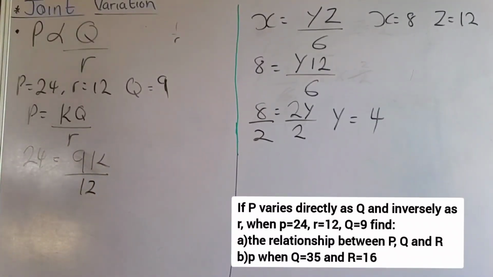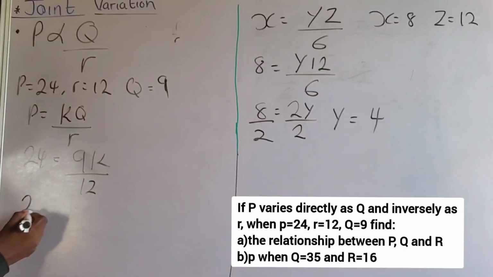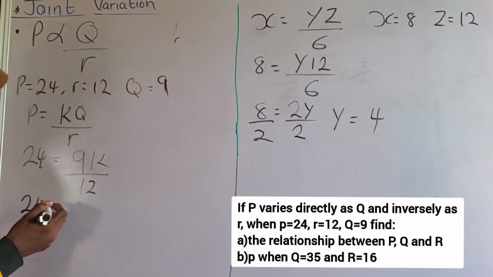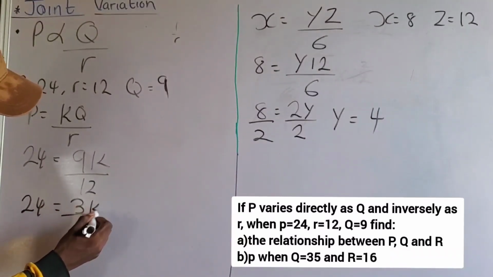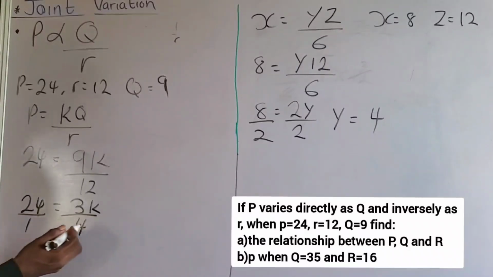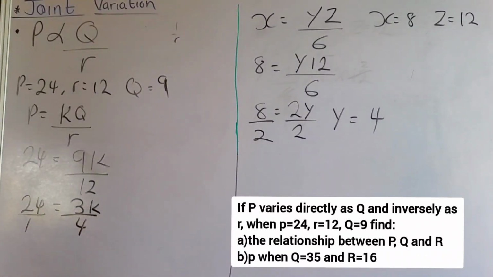Having gotten to this step, you can get the value of K, or you can still reduce this. So I'm going to have 24 equals 3K over 4. Now cross multiply: 24 multiplied by 4 will give us 96.